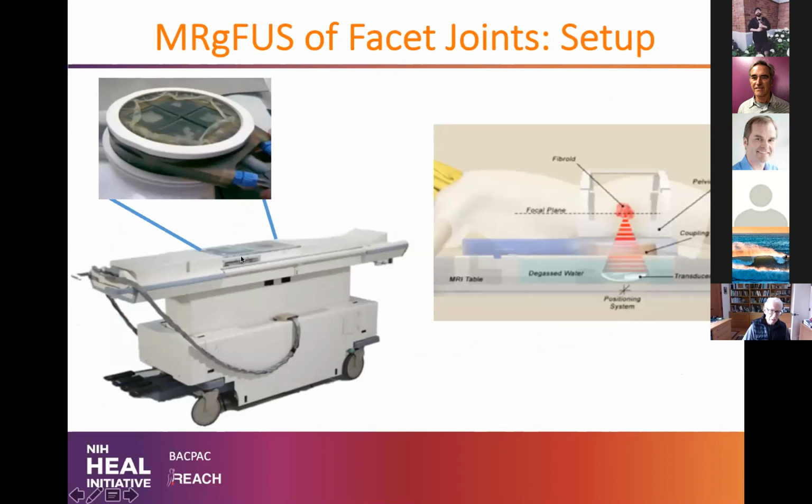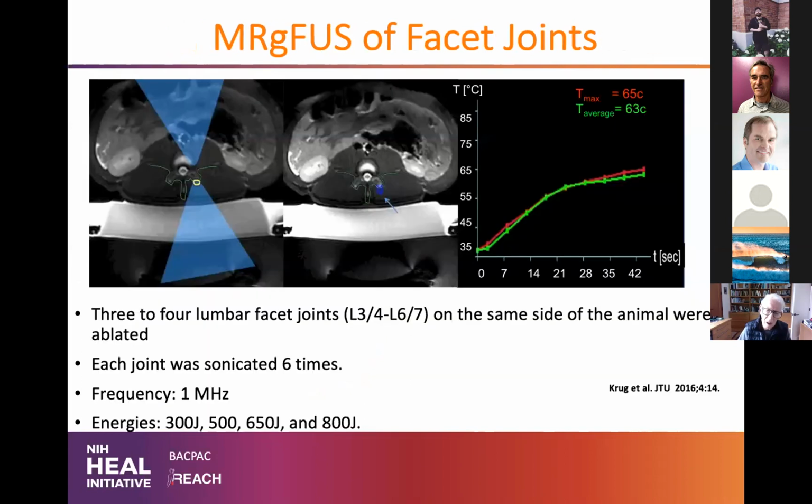What you can do here is, you have the MR table, and it has an ultrasound transducer within the table. You can use this transducer to apply focused ultrasound ablation to a fibroid, as shown here, but also to any other target. In this study, which was a preclinical study, we were very interested in the facet joint and the SI joint.